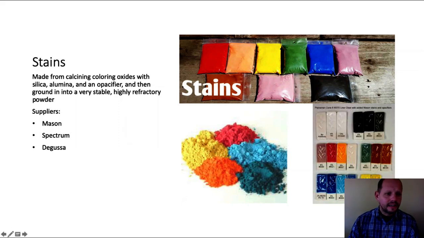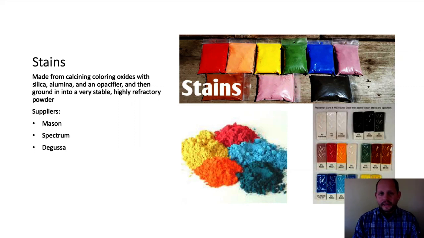Stains are basically fritted coloring oxides that are stabilized in a glass. They might have some other materials like clay or an alkali of some sort to help favor a typical color range.